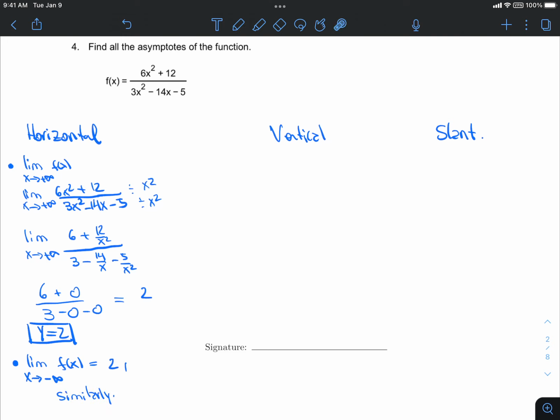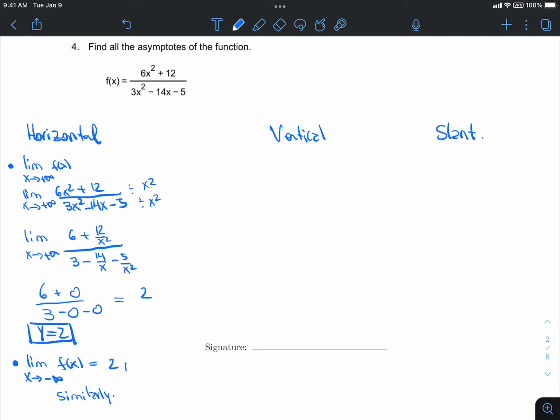This could change if we had different degrees here, or if we had, say, an odd powered degree. Things could change slightly, but in this case, it doesn't change. The limits, both when x is very large and when x is very large and negative, are the same, so there's only one horizontal asymptote, and that's it.